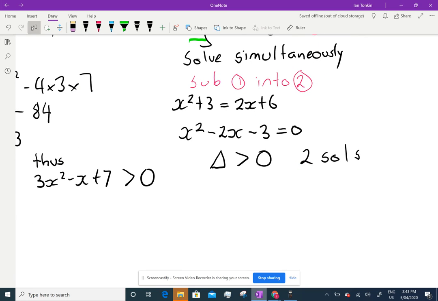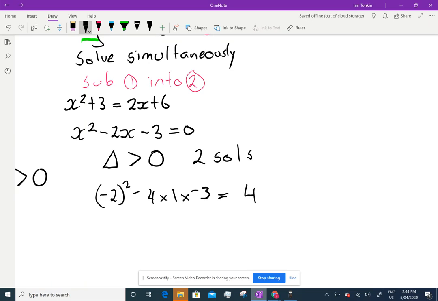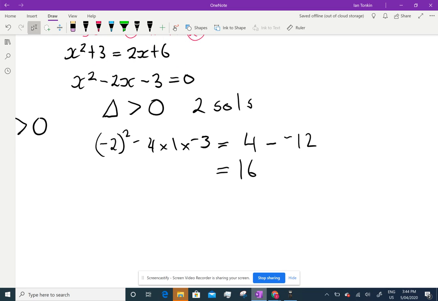So let's just do that. Let's not solve it. So the discriminant is -2 squared minus 4 times 1 times -3. And what does that equal? Well, -2 squared is 4, minus 4 times 1 times -3 is +12. Well, that's 16. The discriminant equals 16, which is greater than 0.